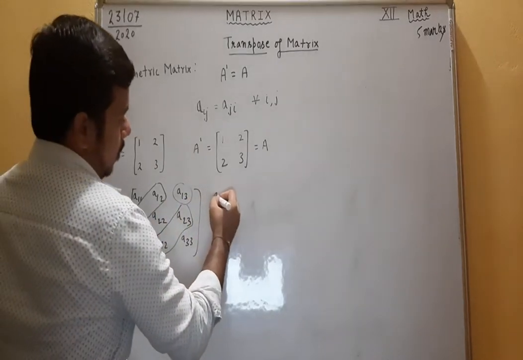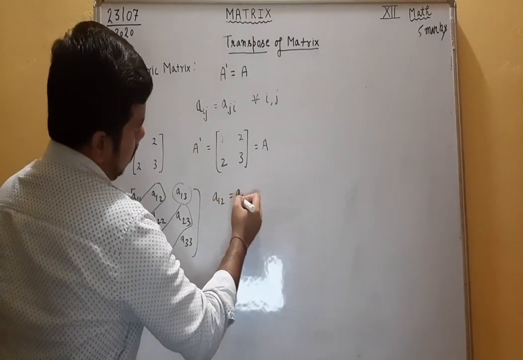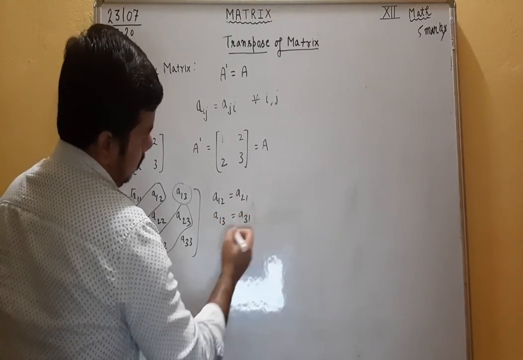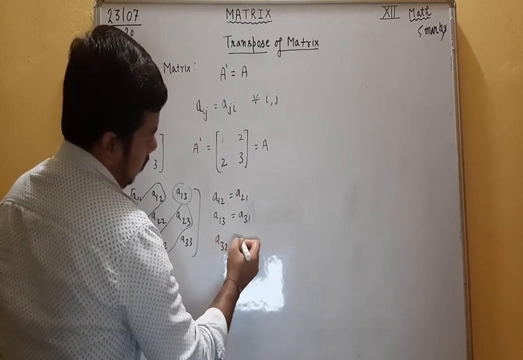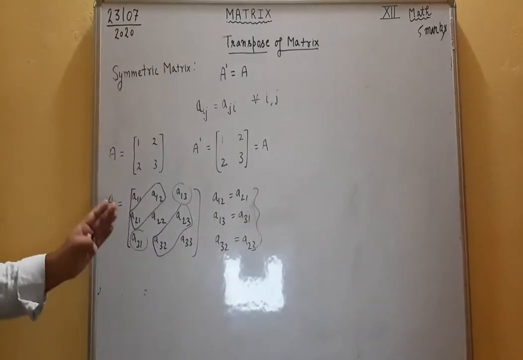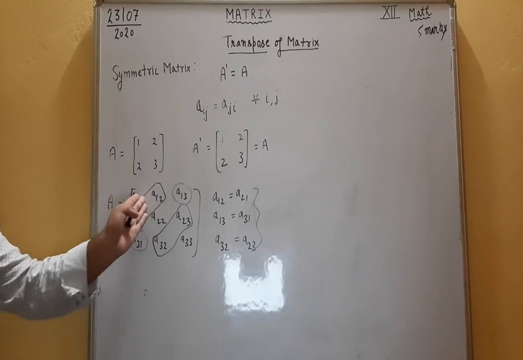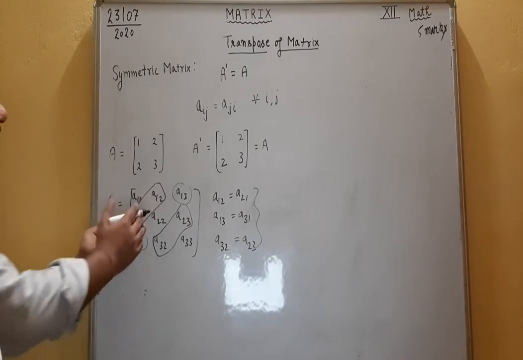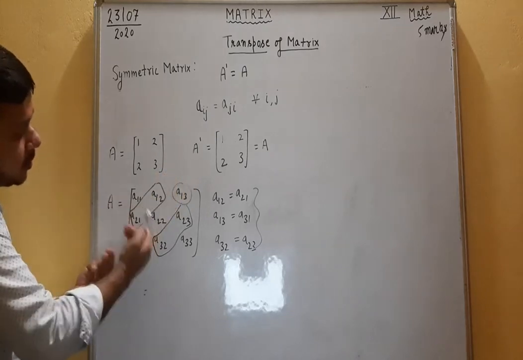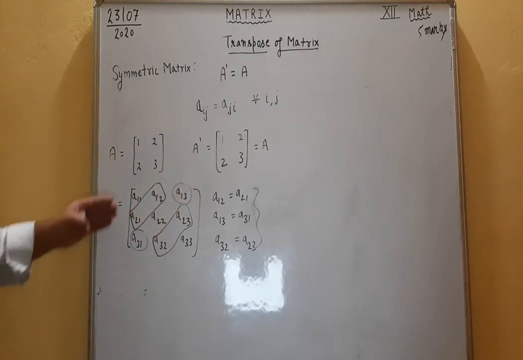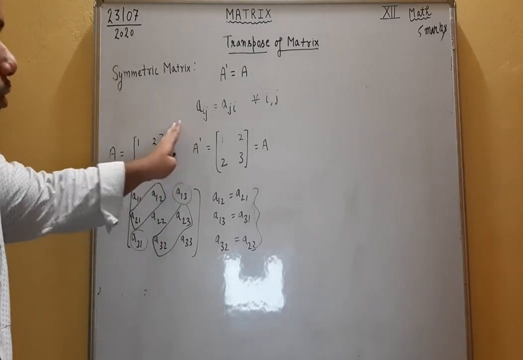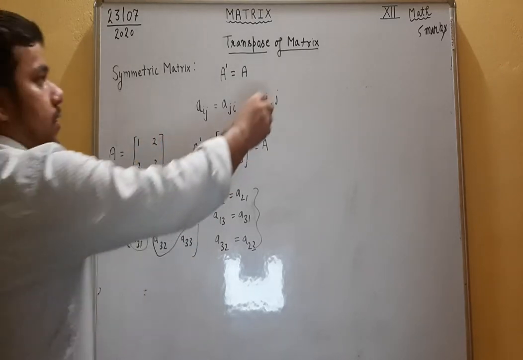Means A12 is equal to A21, A13 is equal to A31, A23 is equal to A32. Right? Means the upper triangular portion and the lower triangular portion are the same. Upper triangular and lower triangular means the elements above the diagonal and the elements below the diagonal should be equal, then the matrix is symmetric, otherwise not.